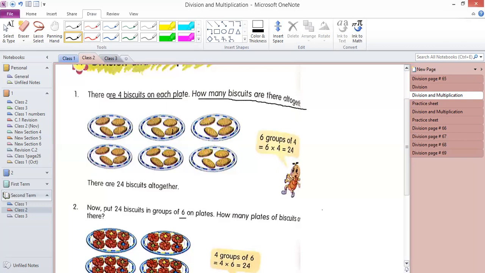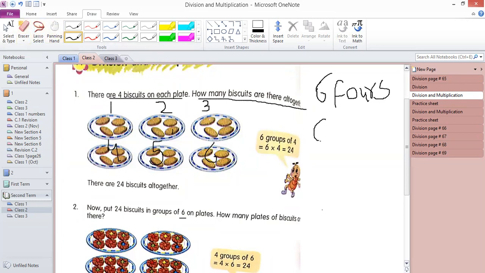You know, there are 4 biscuits in one plate. So how many total plates are there? 1, 2, 3, 4, 5, and 6. There are 6 plates. 6 plates means there are 6 fours, because on each plate there are 4 biscuits, or I can say there are 6 groups of 4.